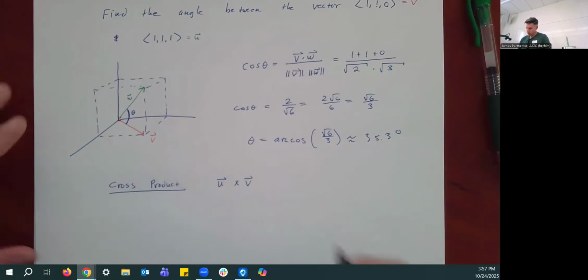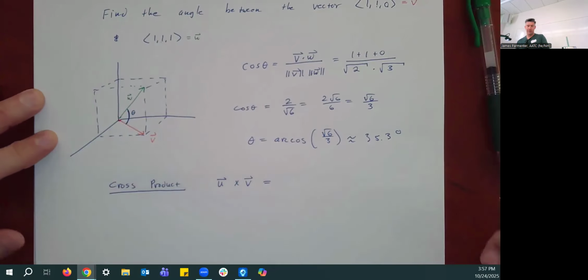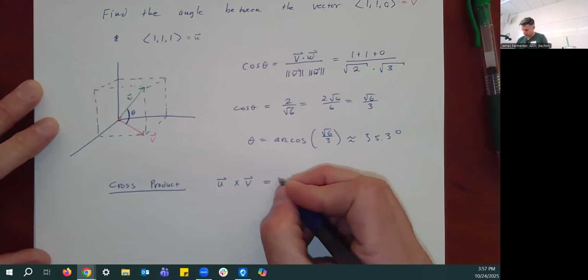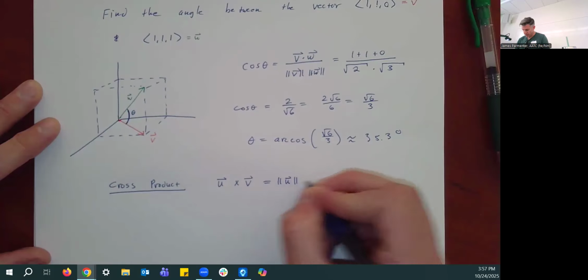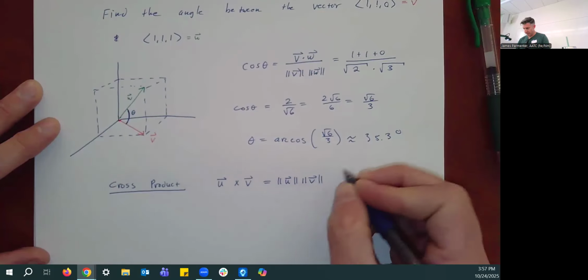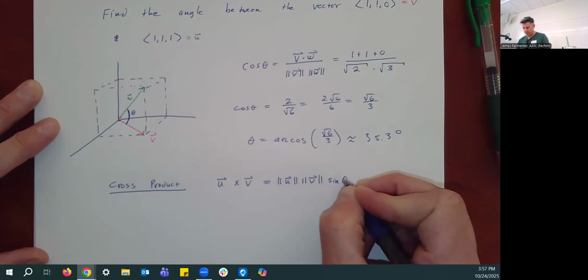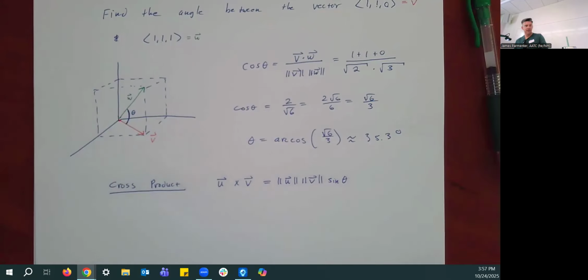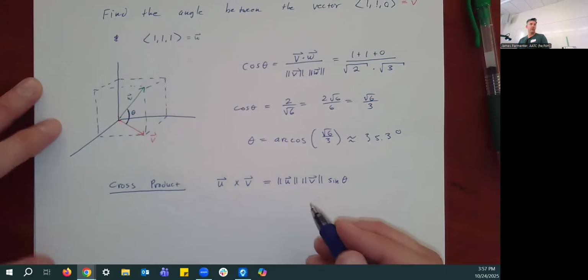So here, the way you could calculate the cross product, that you're probably never going to do, is the magnitude of u times the magnitude of v times the sine of the angle between the two vectors. But that's not quite it. That right there is just how long your vector is.